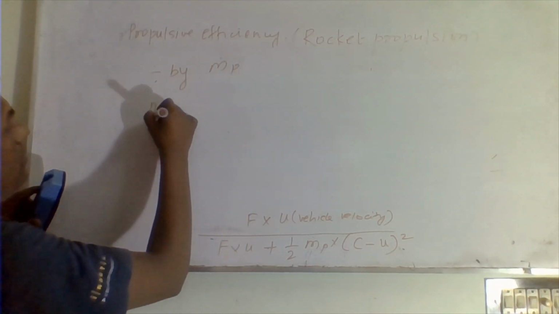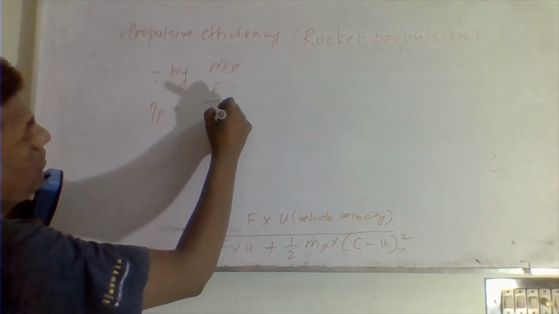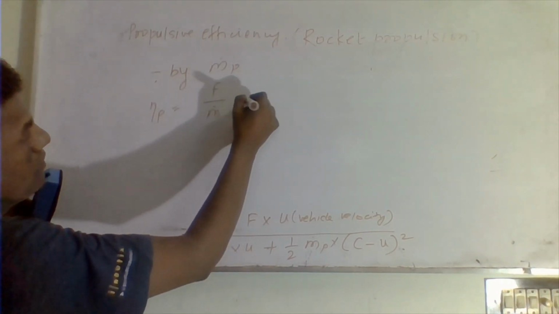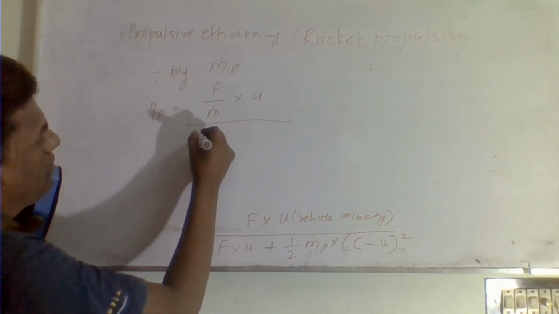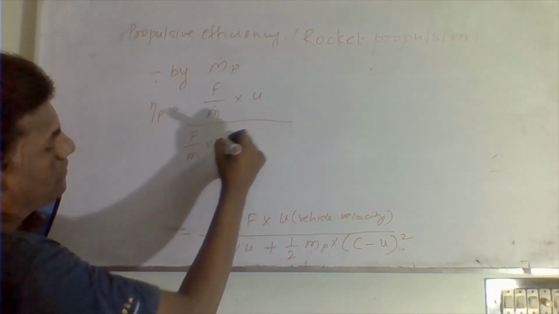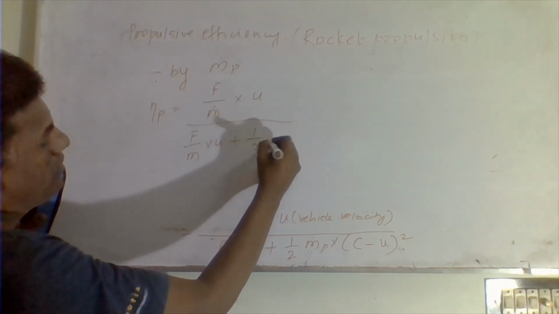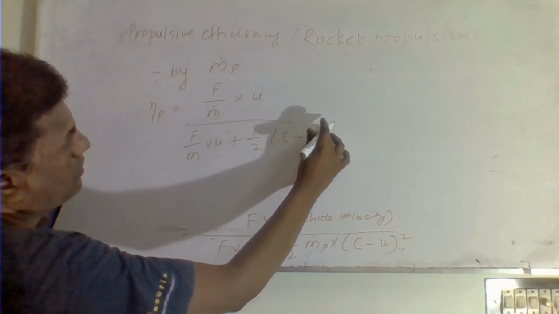It becomes ηP equal to F by m dot into U divided by F by m dot into U plus half into (C minus U) whole square.